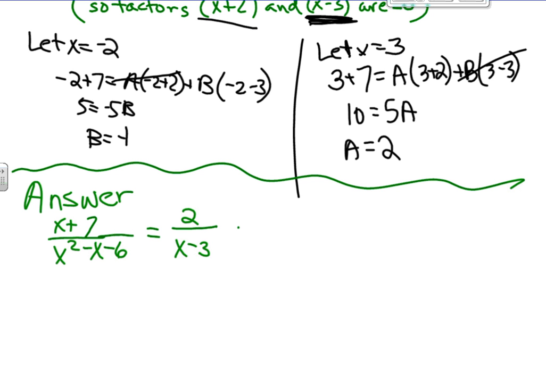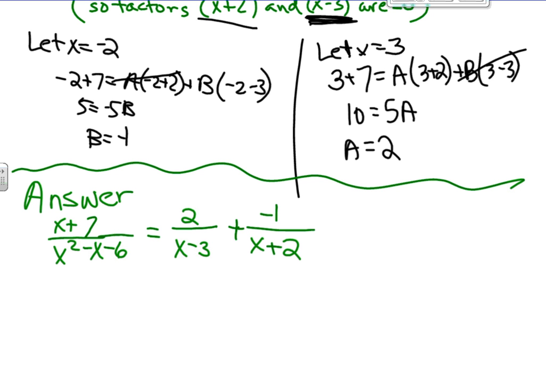Do you agree with that? And so the book authors have done both. Usually if there's something they can distribute out, they'll do it that way. So for this one, though, I'll just write plus negative 1 over x plus 2 was what we had there.